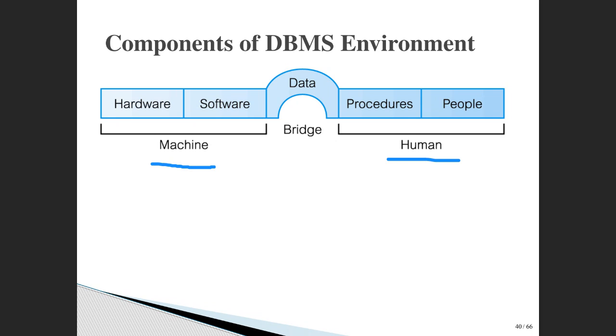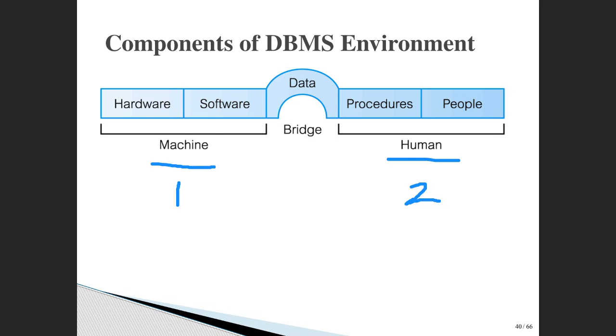So this is one category, machine. Machine means hardware and software. And the other part on the right side is human. Human means people who are using the database system, like owners, managers, and end users, let's say, administrators, demonstrators.